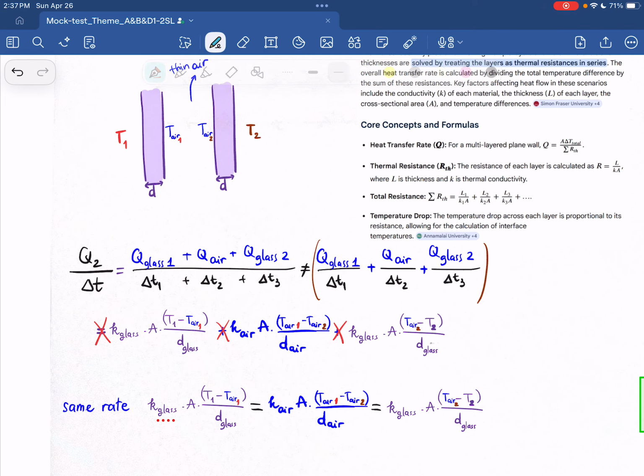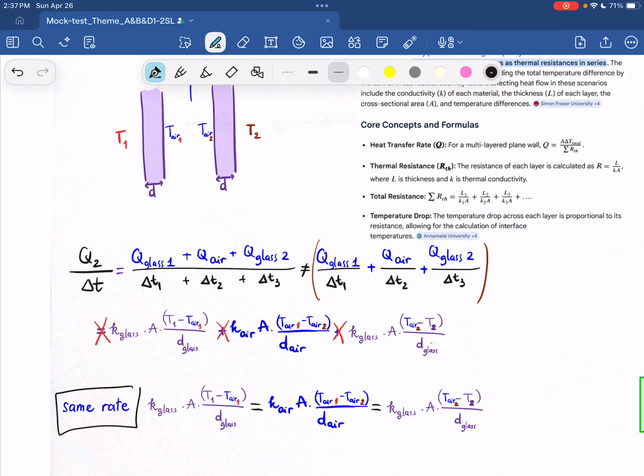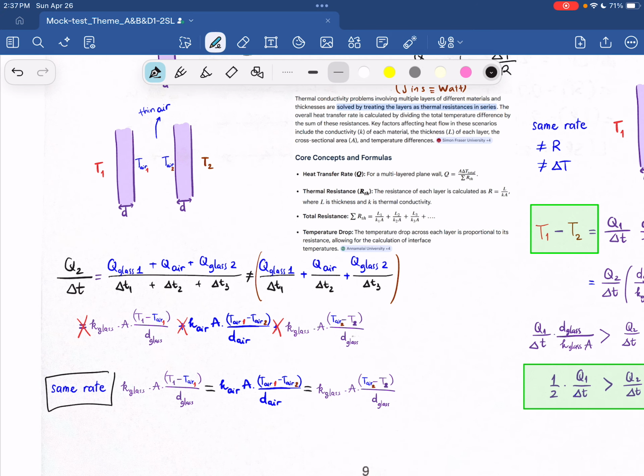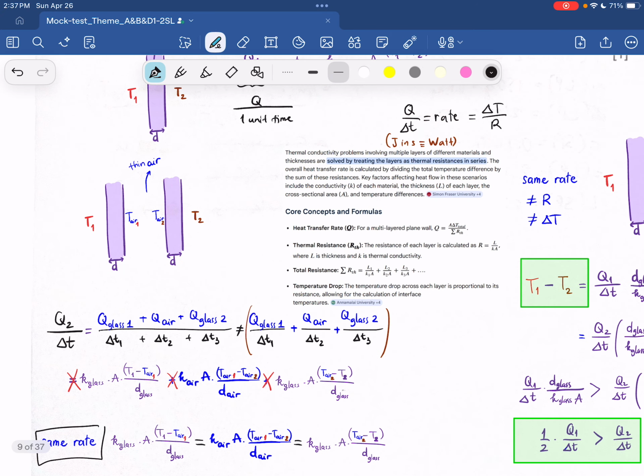The heart of this is that they're all the same rate, the same rate of thermal energy transfer. This is kind of similar to problems with electrical resistance in series. So you can look at it like this.